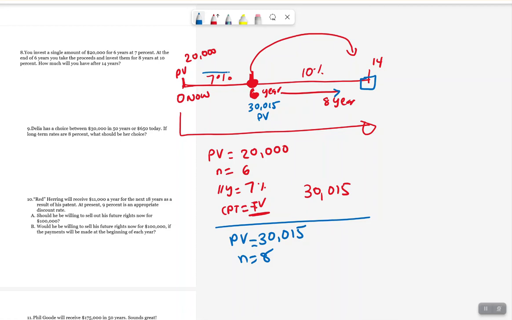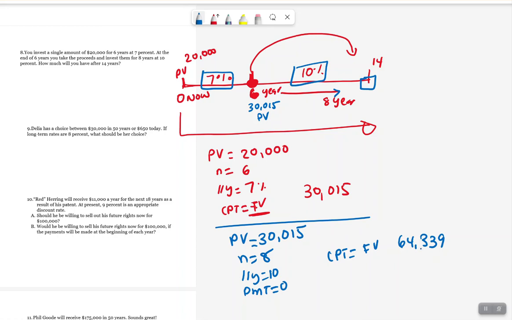The interest rate is different for the first 6 years, and the interest rate has gone up for the next 8 years. So N is 8, I/Y is 10, payment is 0.